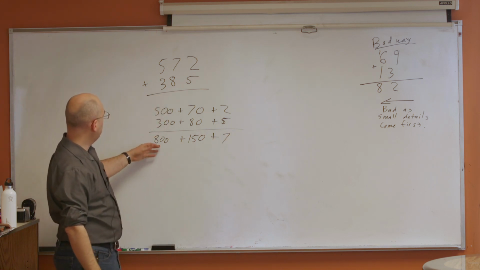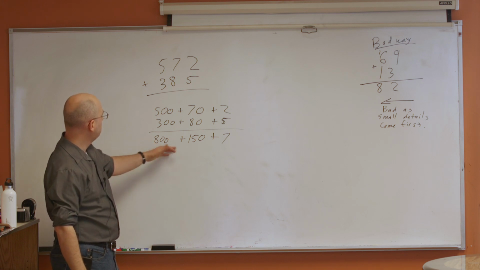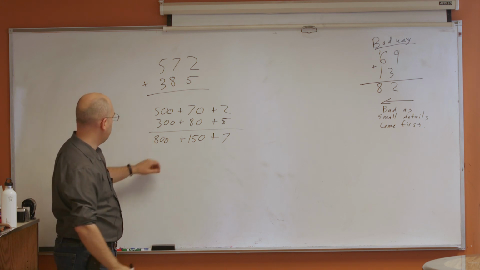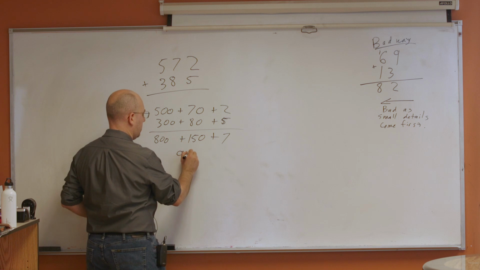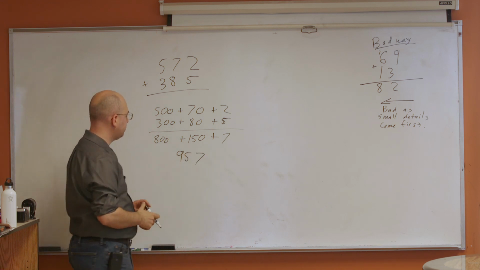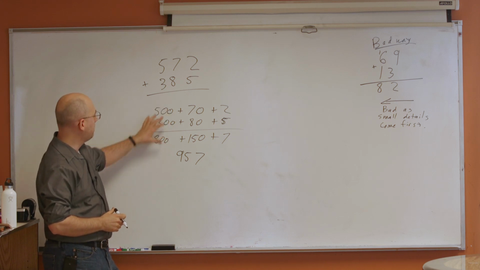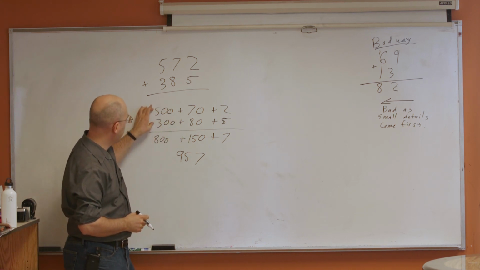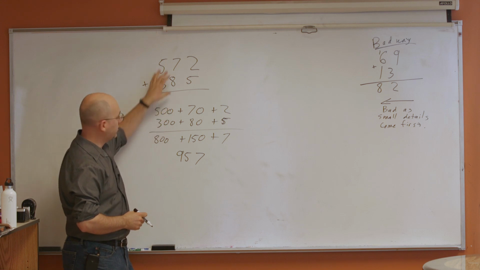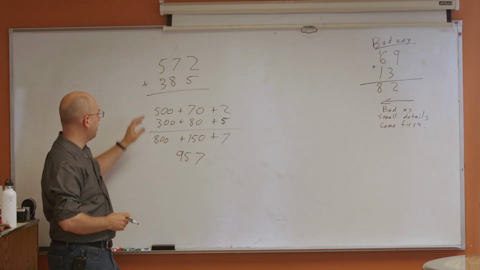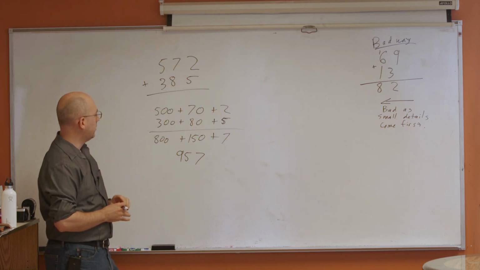So 800 is kind of close, and now we have the 150, so that's 950, and then the 7 comes along. So that's doing it out with what all the zeros mean. It's important to really get firm in your mind what these placements mean. The 500, the 300, what all that means.